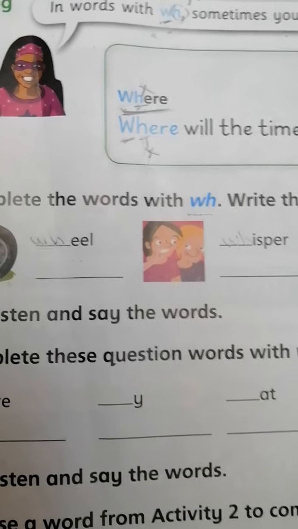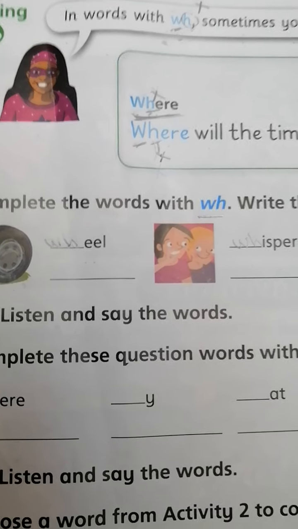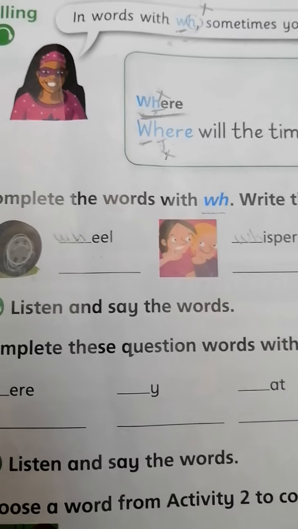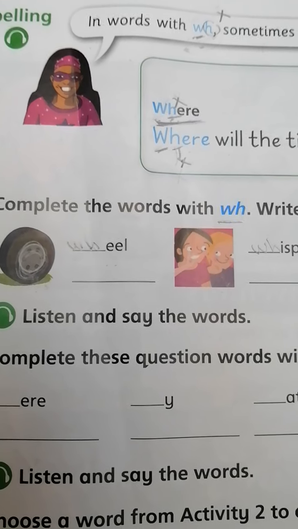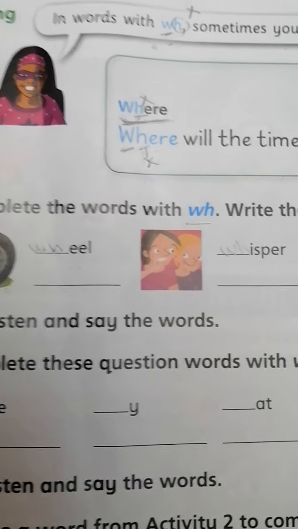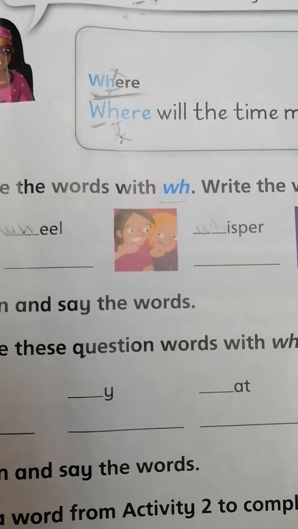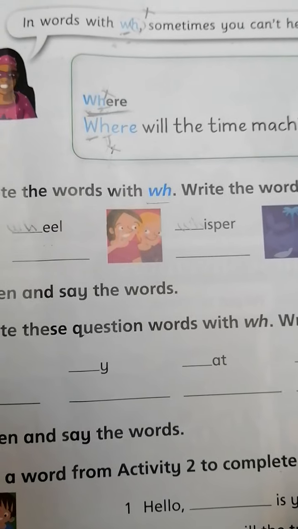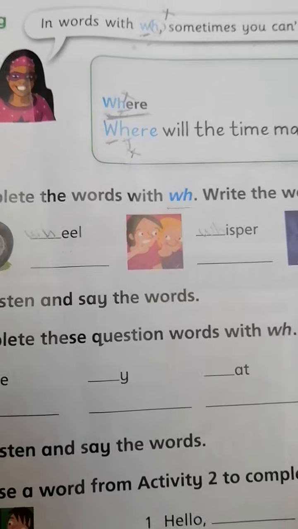Whisper means when you whisper to someone, you say something very quietly and very softly, so that only one person can hear you. Whisper means يهمس.